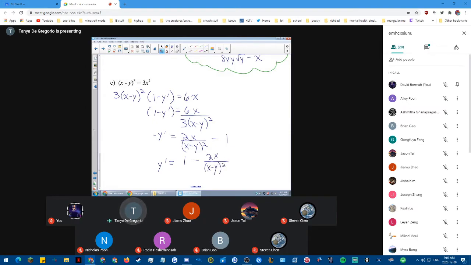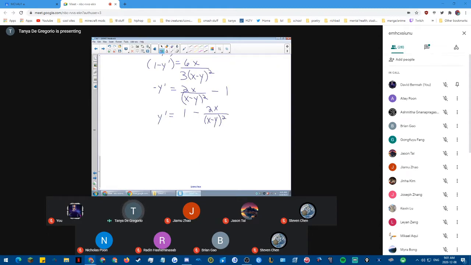Now, can I leave it like this? What do you guys think? What's the rule? To be fully simplified, what do we need? We need one denominator. Yeah, we need this all together. And so we're going to find the common denominator, which is x minus y all squared.